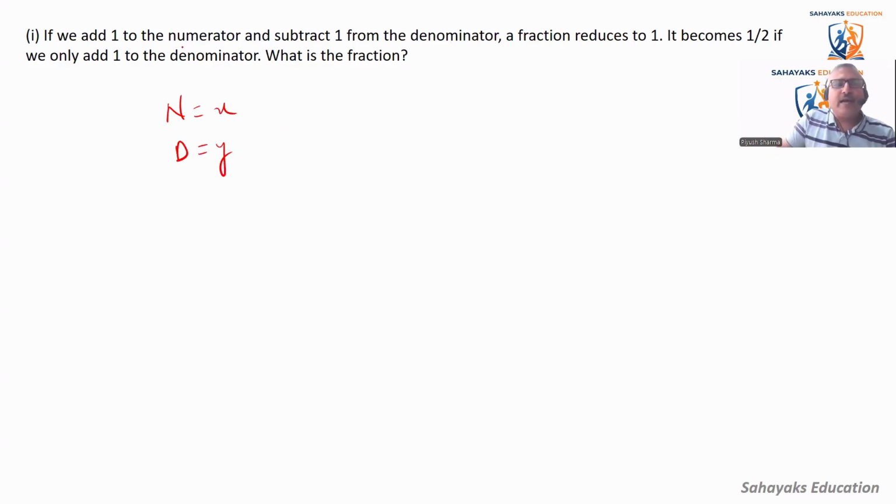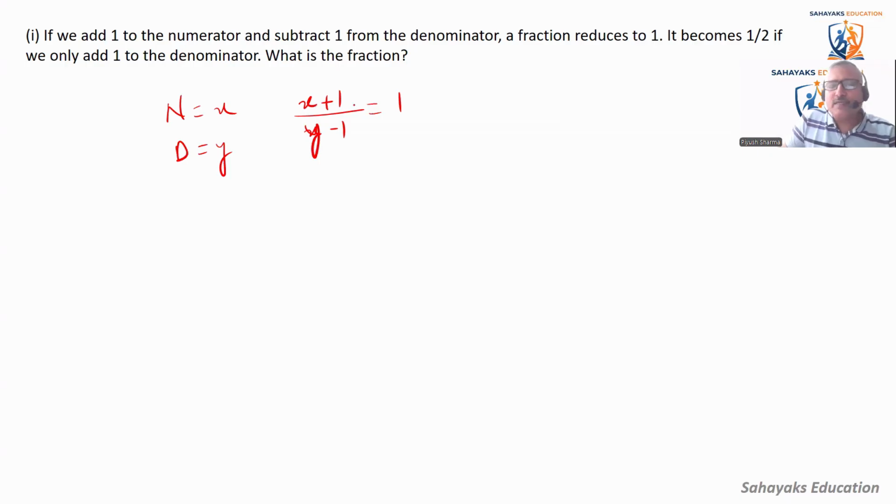If we add 1 to the numerator, I'll say x plus 1, and subtract 1 from the denominator, y minus 1. The fraction reduces to 1. That means it comes out to be 1. This is the first equation.